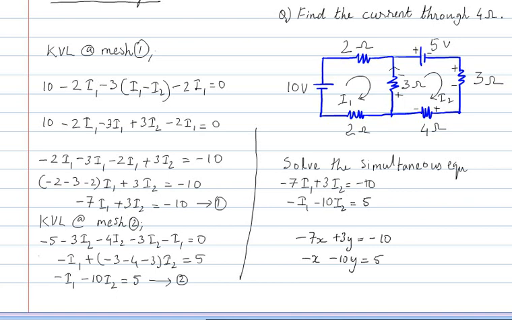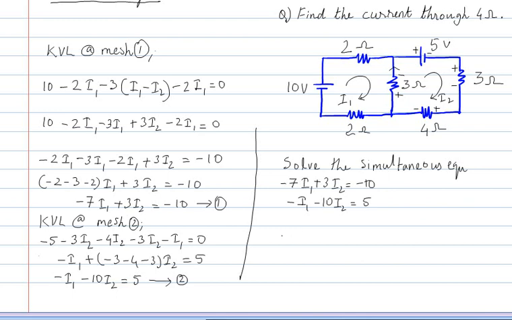To find x and y, we all know how to use the calculator. Still, I will be putting a video in the channel for you to understand how to solve the simultaneous equation using a calculator. Anyway, it is similar to this. The only thing is that in this equation the unknown was x and y, whereas in this equation the unknown is I1 and I2. So that is the only thing that we have to take care.